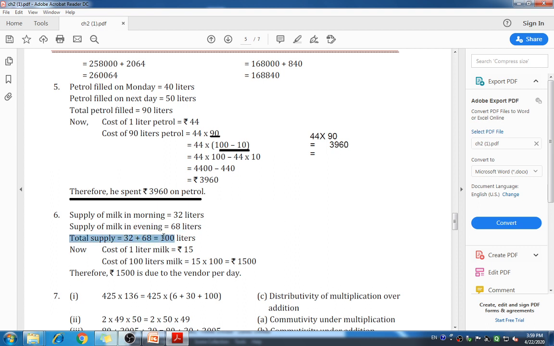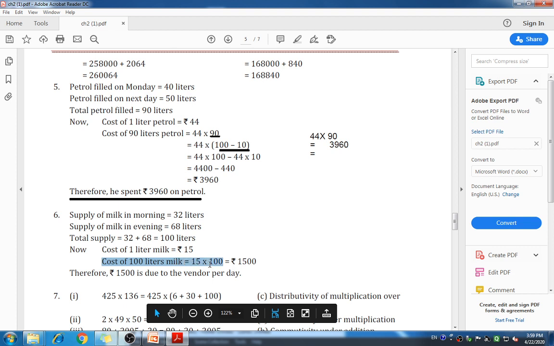Total supply 32 plus 68 is equal to 100. Now the cost of 1 liter of milk is rupees 15. So the cost of 100 liters of milk is rupees 15 into 100, which is rupees 1500. Therefore, rupees 1500 is due to the vendor per day. Students, this example is very easy. You can solve it yourself also.